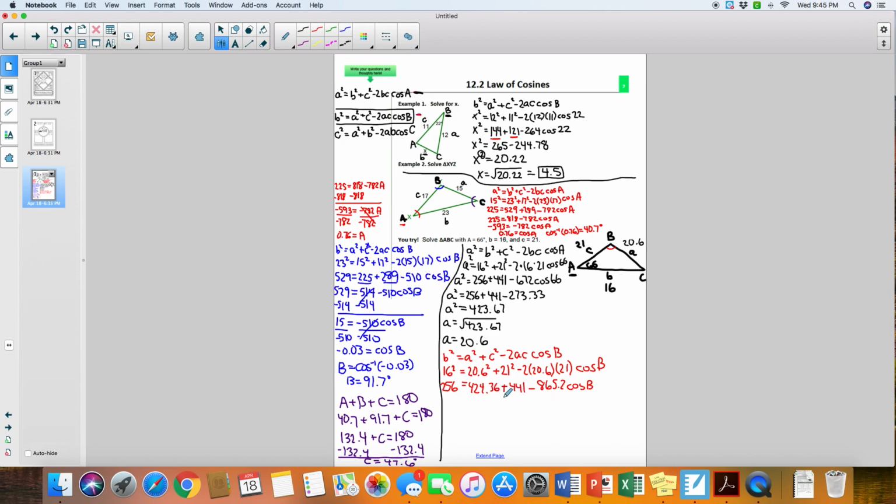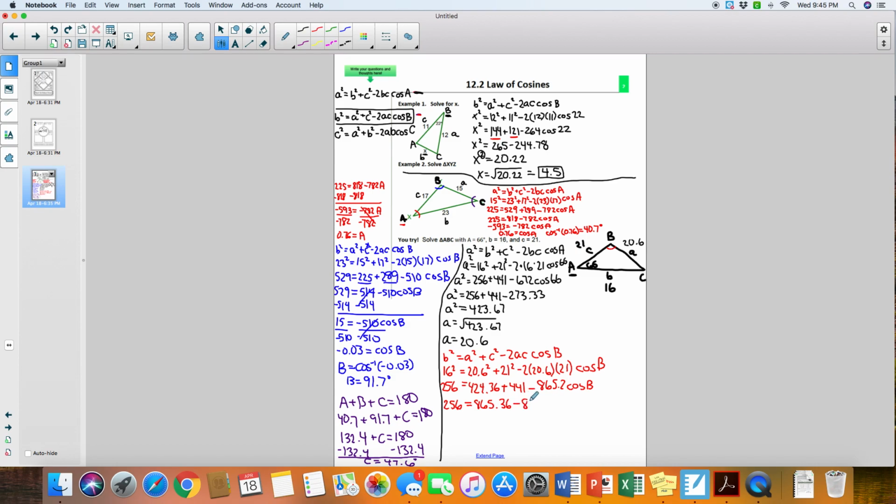All right, so I do have a couple of like terms on the same side, so I'm going to combine those. I'm going to bring my 256 down. I'm going to have 424.36 plus 441, and that would give you 865.36.